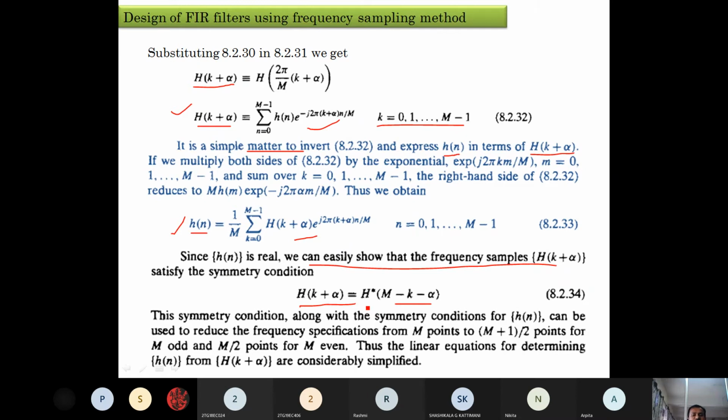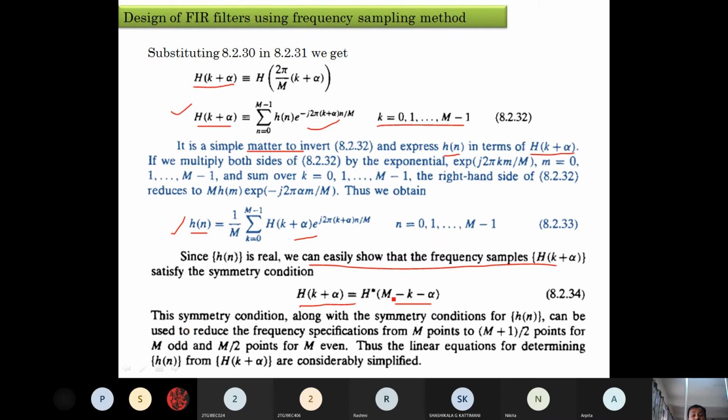If you open this bracket, M minus (k plus alpha) becomes M minus k minus alpha. So obviously we know this symmetry for the selected frequency samples. That is the symmetric condition.